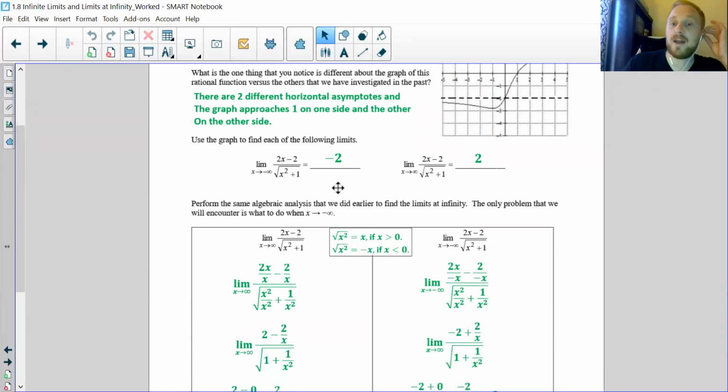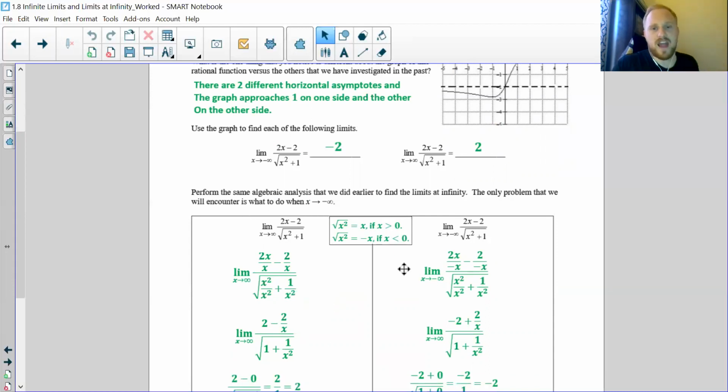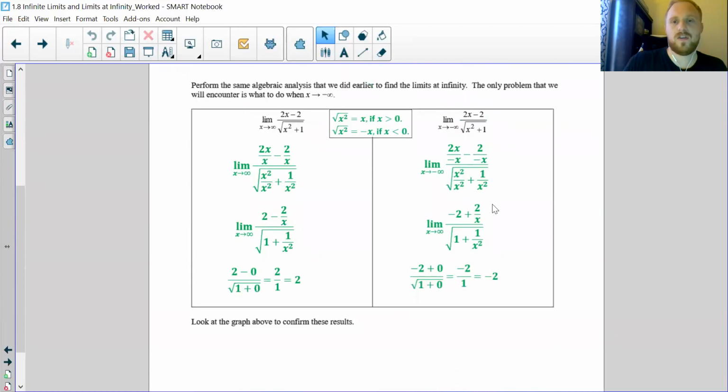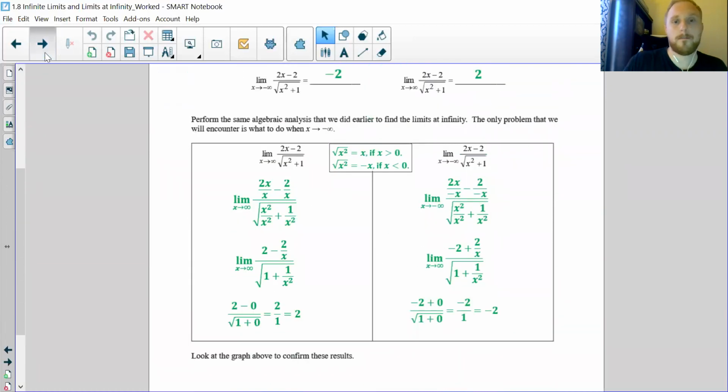So this is going to come in handy, especially if you have x approaching positive or negative infinity. Since this is approaching positive infinity, we're going to use the positive x because it's greater than 0. If it were negative infinity, you would use the negative x, and you would divide it to each of your terms. And so that's how you would simplify this.